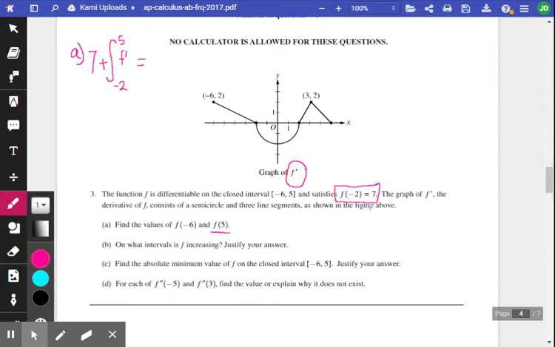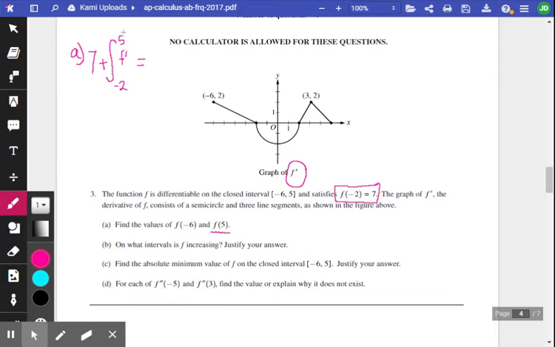You might want to back that up, and I'm going to say it again. If I want to find out what f of 5 is, I need to figure out how much f changed from the x value of -2 to my x value of 5. So I'm going to integrate f prime. That tells me how much f changes. And I'm going to integrate f prime from -2 to 5.